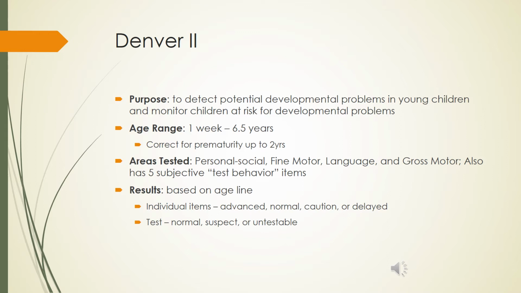You can, or should, correct for prematurity up to 2 years old. In the next lecture, we're going to go over how to calculate age and correct for prematurity.